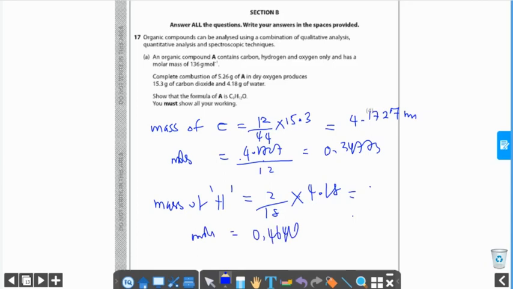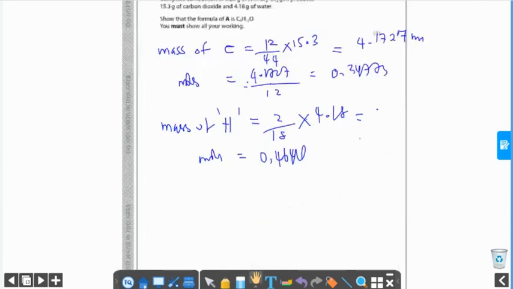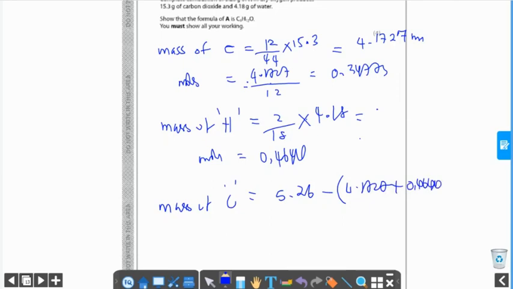Then from the masses, you can find the oxygen afterwards, right? We had done this in the previous lesson as well, almost the same question. Total mass is 5.26. So the mass of oxygen is the total mass minus the two masses, 4.1727 plus 0.46444, and you can find the moles.